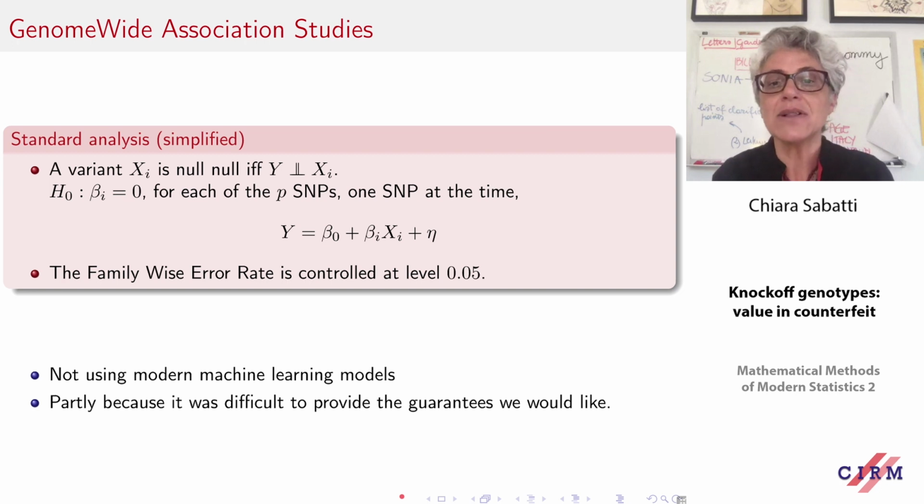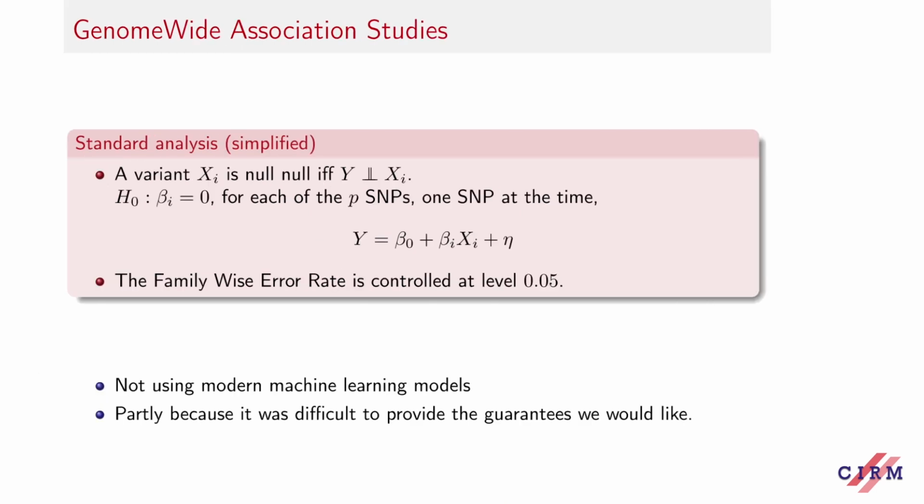The typical analysis for this type of data is done at the univariate level. What I have here is maybe the simplest form of it, but the substance doesn't really matter. We scan through every single genotypic variant, and we say that a variant Xi is null if its distribution is independent of the one of the phenotype. The way we test this null hypothesis is using a linear model.